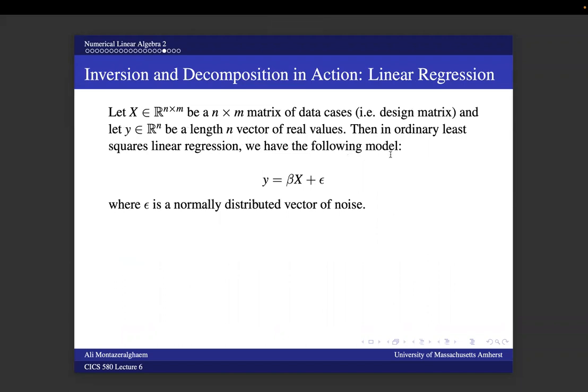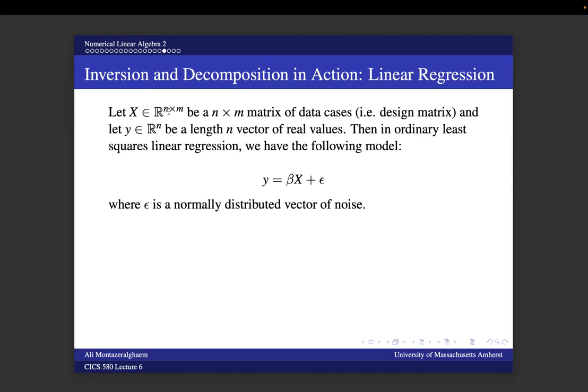So we compute the inverse of the matrix, and now we want to show how we can use it in linear regression. In linear regression, we have some data, and for example here we have x, which has n rows and m columns.